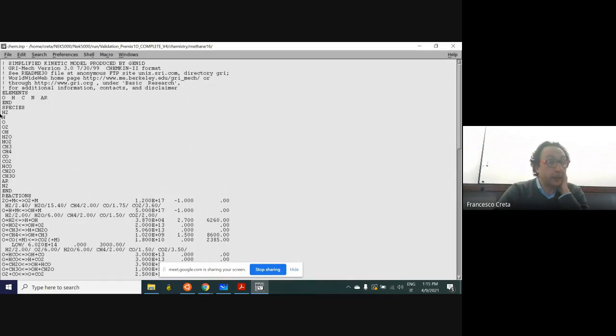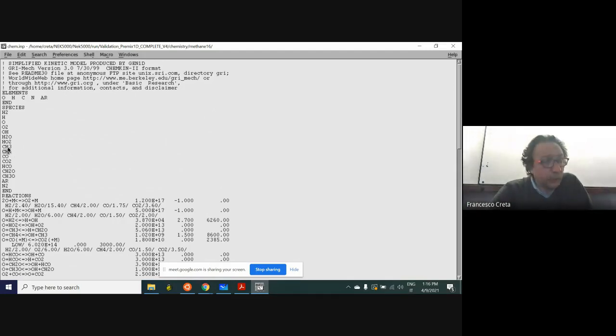So you see here the list of species. This is a very small mechanism. It is a reduced mechanism for CH4. You will recognize CH4 as being the most complex hydrocarbon here. Of course, it's the simplest hydrocarbon that exists.